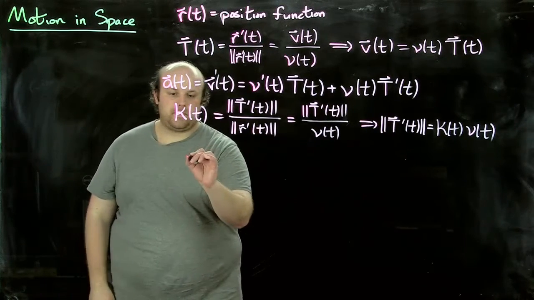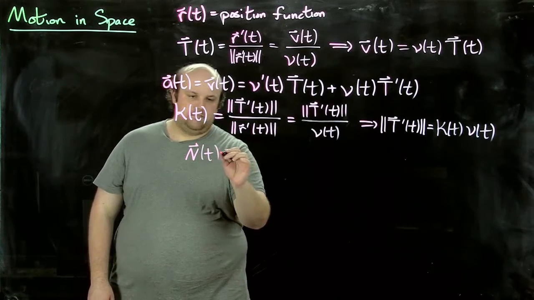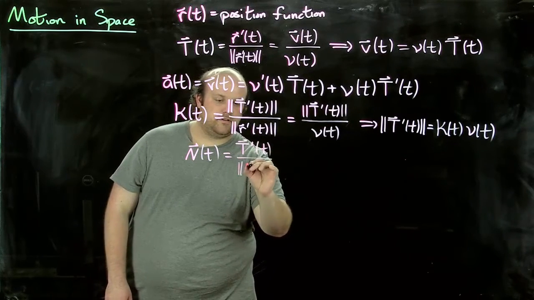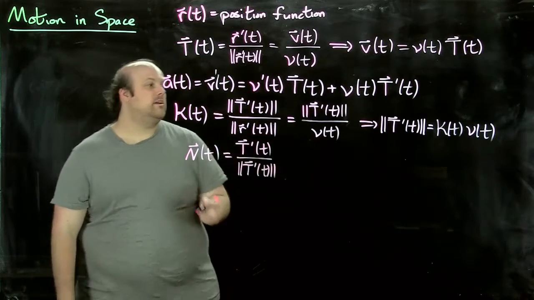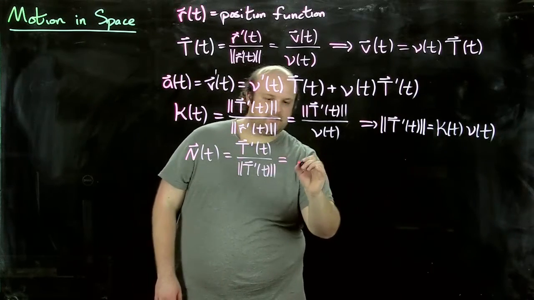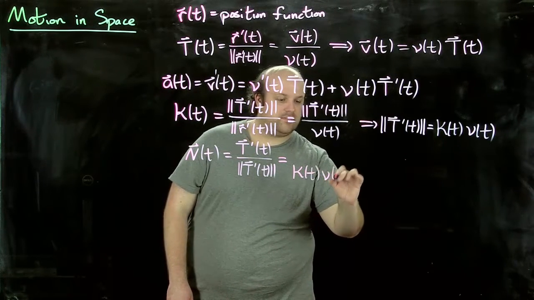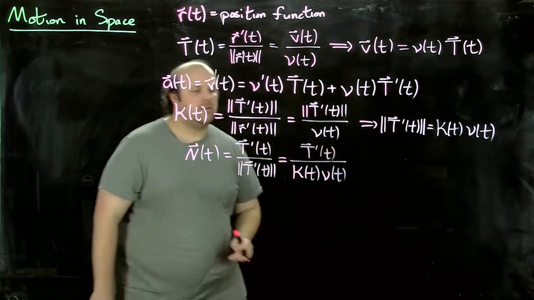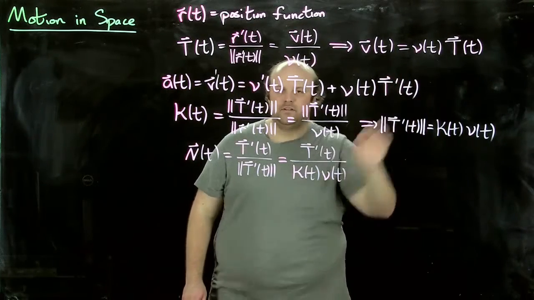Now we're going to plug that into our expression for the unit normal vector. Remember, the unit normal vector is given by T prime of t over the magnitude of T prime of t. We're going to plug in this stuff down here. So on the bottom we have the curvature times the speed, and on top we have T prime of t. Well, T prime of t is the thing up here that we'd like to get rid of, so let's solve for it.